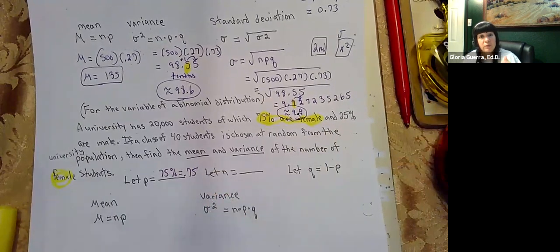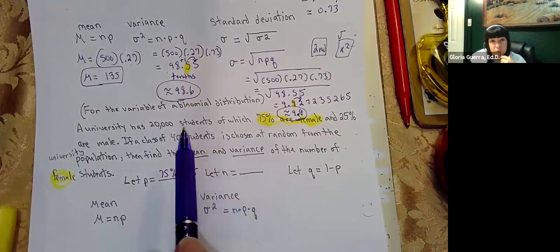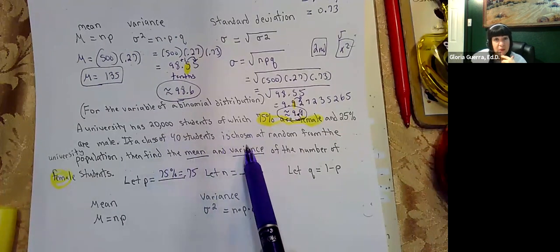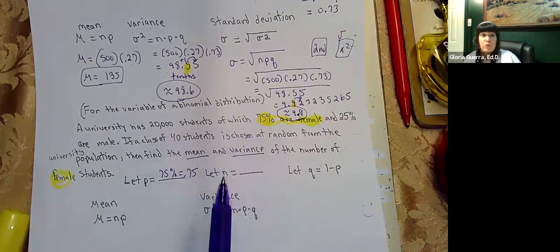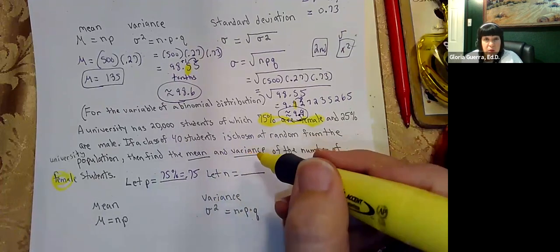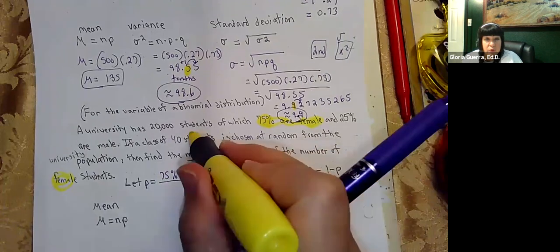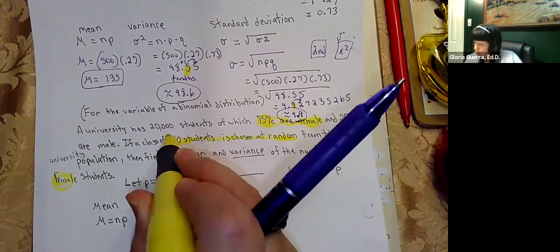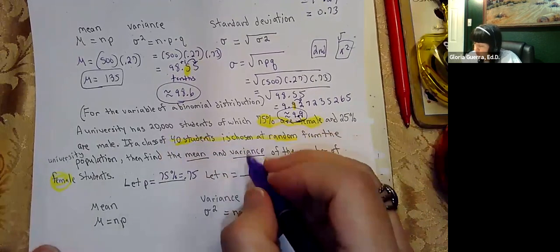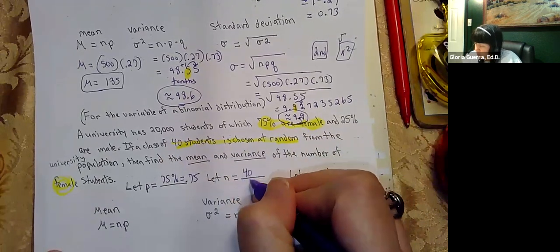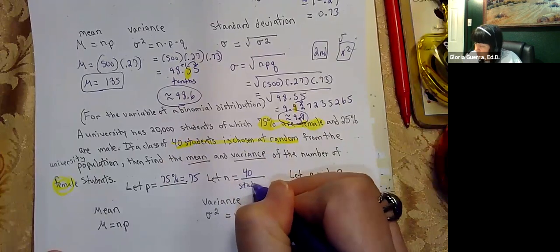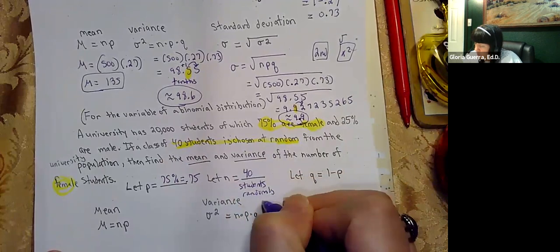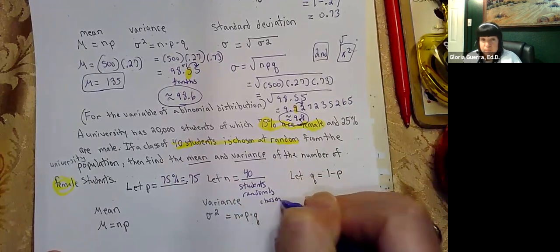And you also want to be careful with the N because it does tell you the university has 20,000 students, but then it also says that they're not going to choose 20,000, that's too many. They're going to choose 40 students at random. So that keyword random really comes in handy, and the N is going to be 40 students randomly chosen.